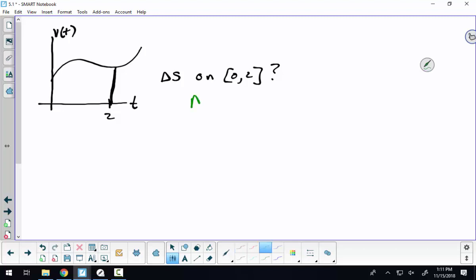The displacement still is the area, but that begs the question, how do we find this area? If it's not some nice geometric figure that we have a formula for, like a circle or a rectangle, then how would we compute an area such as that? And that's really the heart of chapter 5, computing areas such as that.